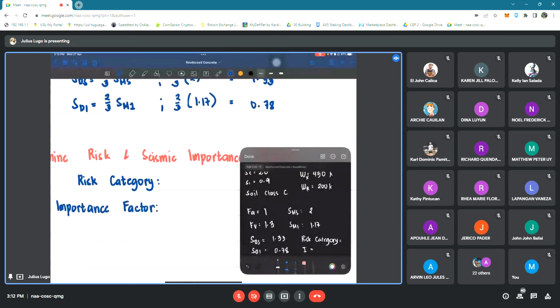I'm pretty much sure hindi kayo stranger in terms of knowing the risk categories of a building. So we're currently analyzing a frame from a hospital plan. Okay, sabi dito po, hospital siya. So anong risk category ng hospital?